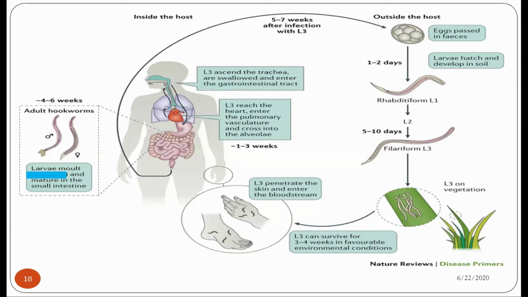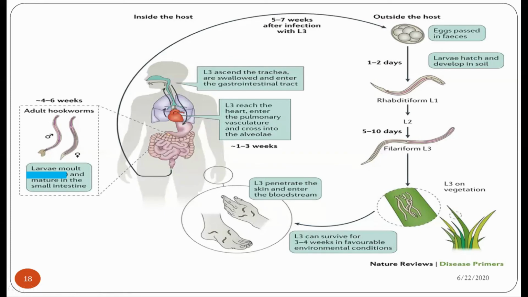This rhabditiform larva moults 2 times in the soil when the external temperature and environment are suitable for its growth. As a result, L1 and L2 rhabditiform larvae are formed.